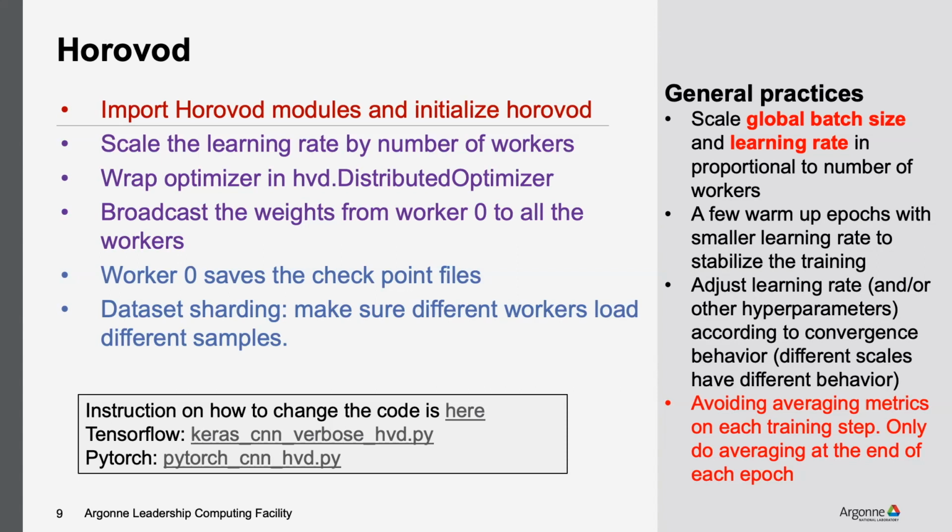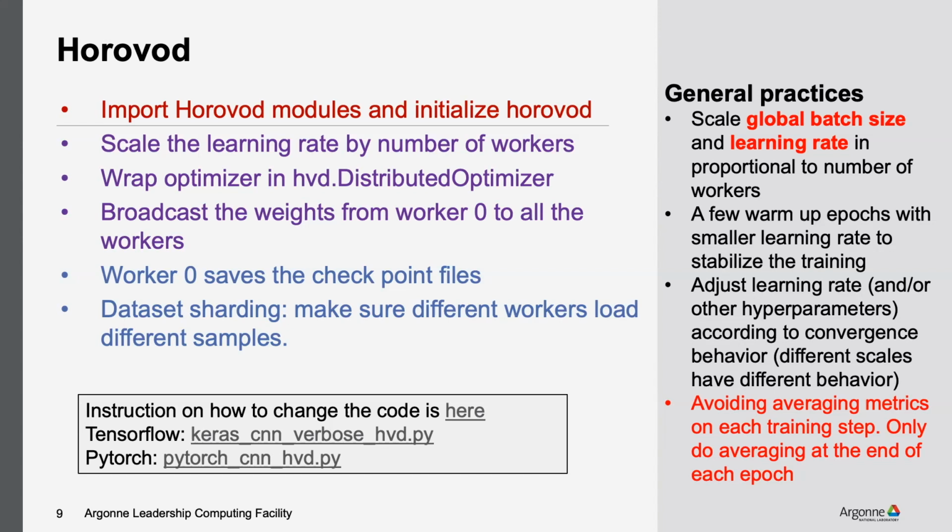And then another thing is to avoid unnecessary communication overhead. I've seen that some people want to know the loss at each time step. Of course, when you do single GPU training, the GPU will calculate the loss.